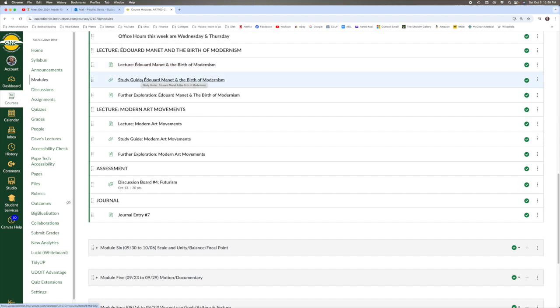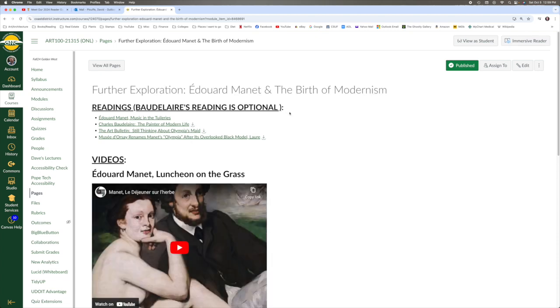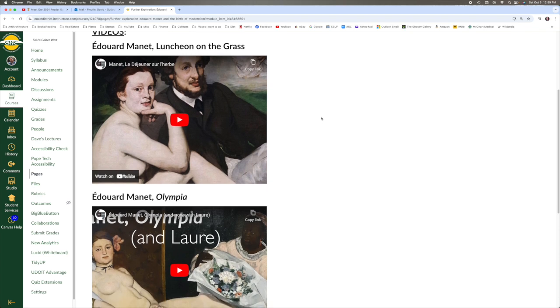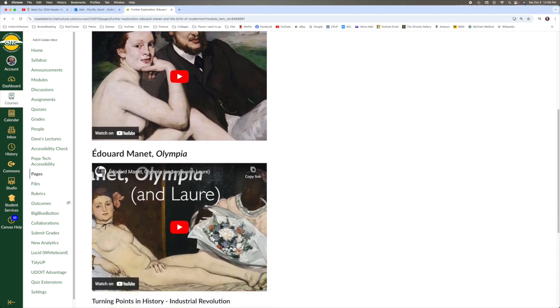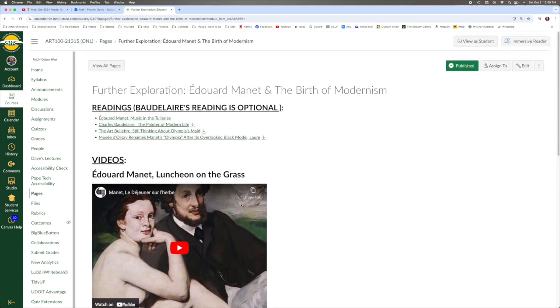And then we have our study guide and further exploration section. I want to talk about that just for a little bit because there are some important things here. First, the important videos would be Manet's Luncheon on the Grass, also Olympia down below, and there is a great short video on the Industrial Revolution. Up top, we have a reading on Edward Manet's Music and the Tuileries.